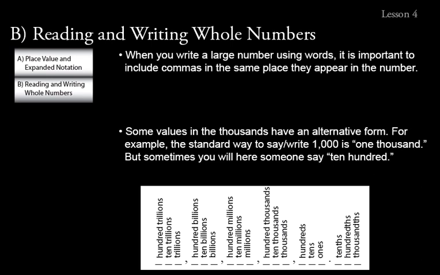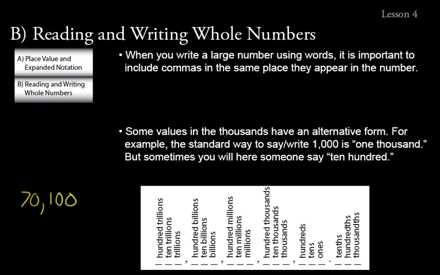So when we see a number like 70,000, we say that the 70 is in the thousands group, which is why we say 70,000. If this was the number 70,000 and a 100, that's what we'd say, 70,100. We wouldn't say or write 70,000 and 100.